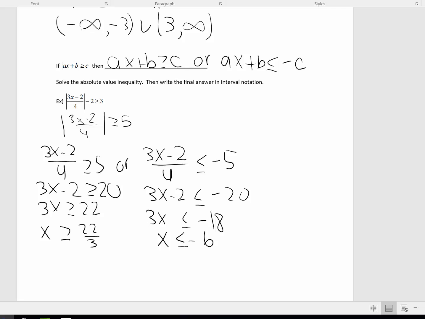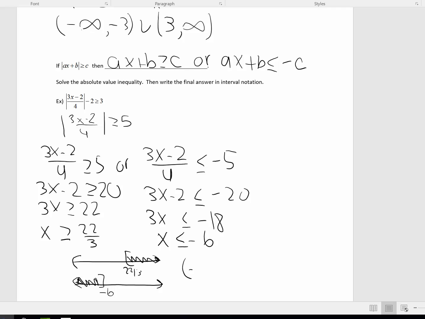Okay, so let's graph. I'll start with x is greater than or equal to 22/3. Now remember, it's an or statement, so it does not have to be in both. So I'm going to start on the left-hand side.